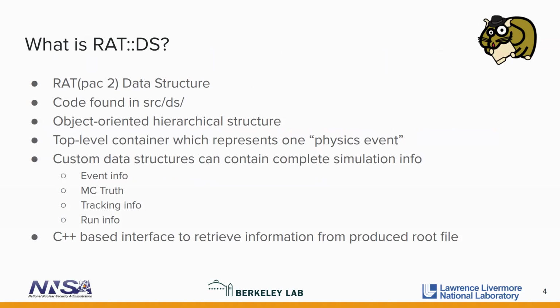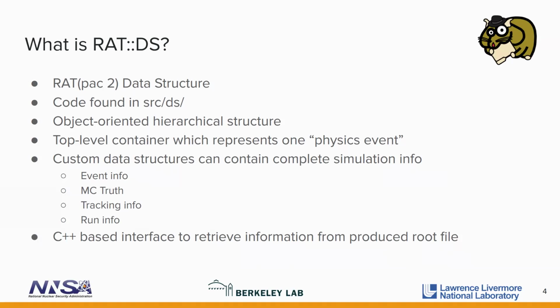But first, I'm still going to talk about the ratDS in case people need to use that. This is just a review of slides from my previous presentation. The DS is the data structure. It has a top level container and then data structures which can contain everything that you need in your simulation for the event, the truth info, tracking info, whatever.